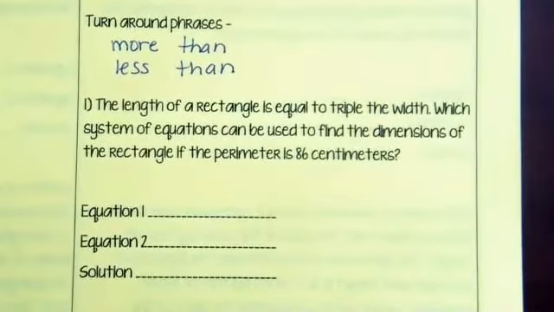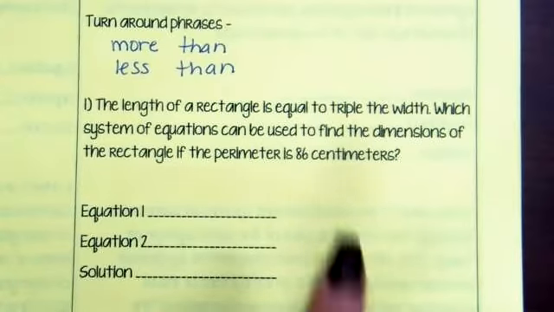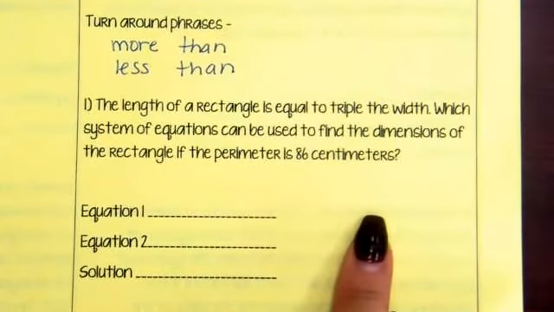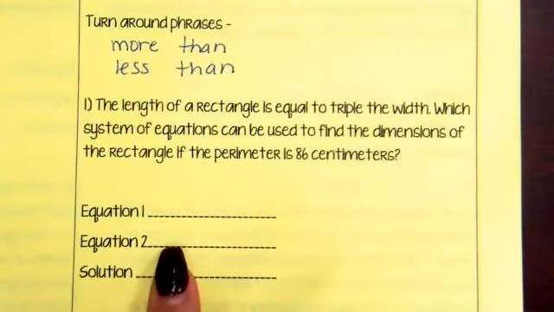The length of the rectangle is equal to triple the width. Which system of equations can be used to find the dimensions of the rectangle if the perimeter is 86 centimeters? So I know that yesterday we were doing the X and the Y and knowing the value, but in this case, I'm just going to write the equation, okay?